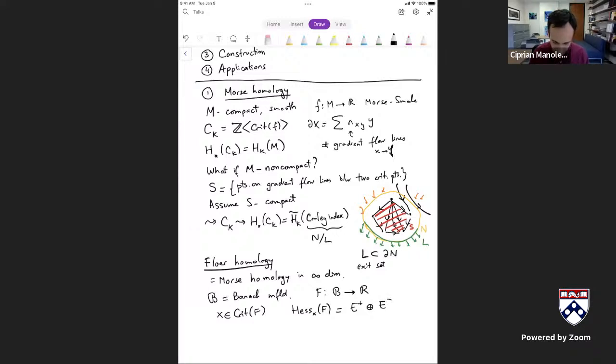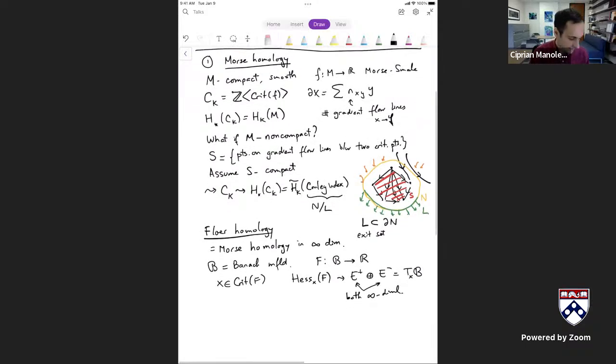The Hessian gives a decomposition of the tangent space to B into these. And now they're not finite dimensional. We want them to be both infinite dimensional.